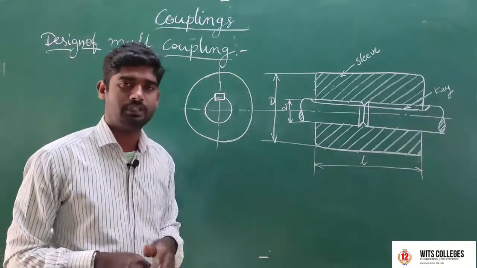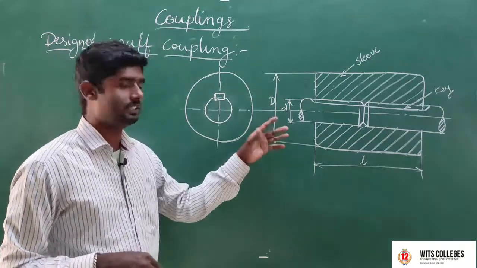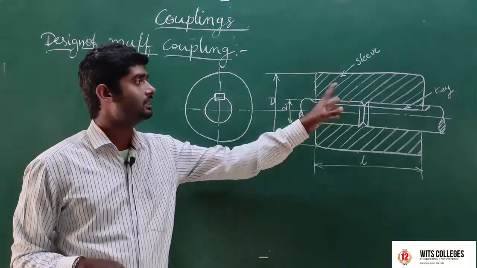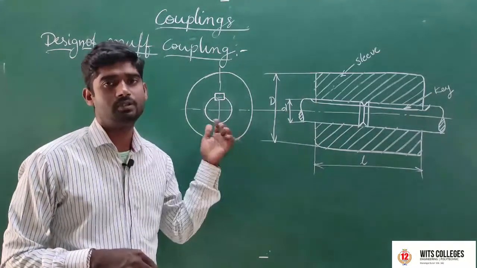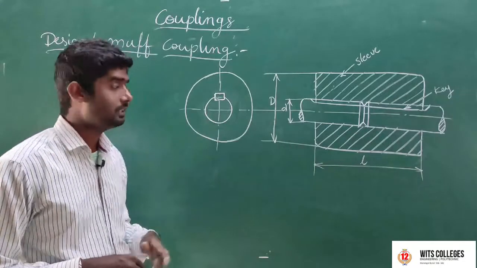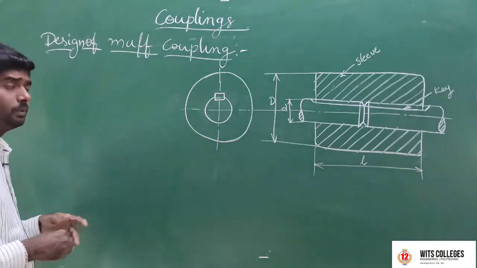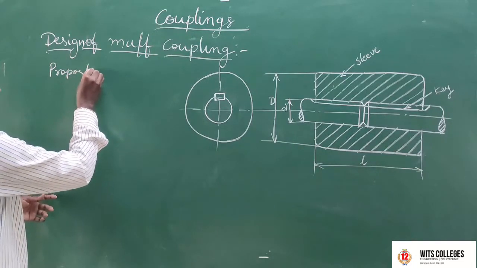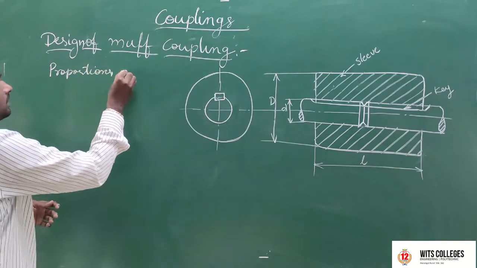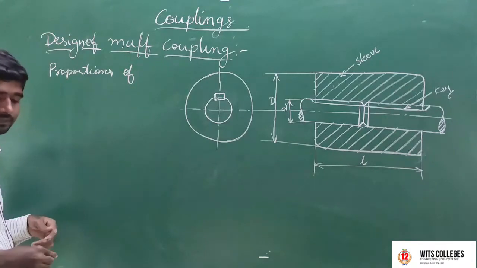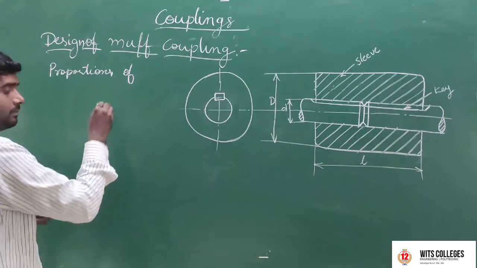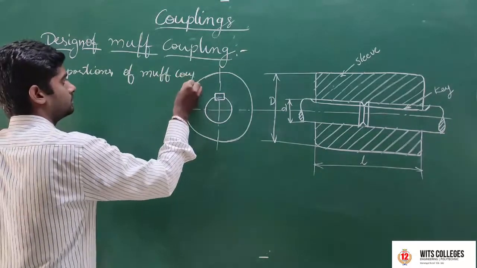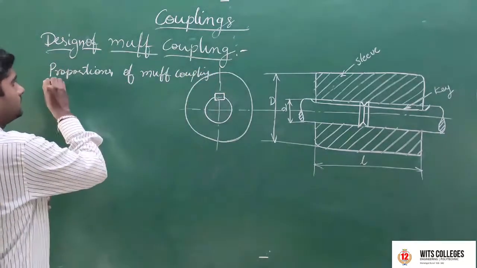How to design a muff coupling? First of all we find out capital D, small d, and L, and then the key dimensions. We already know the key proportions. Let's see the proportions of the muff coupling.